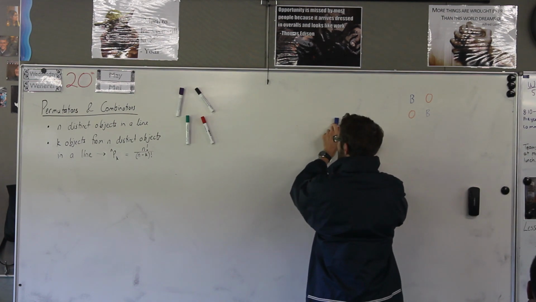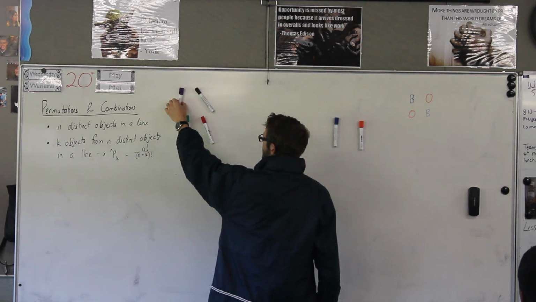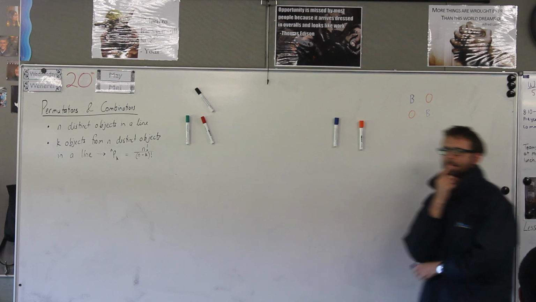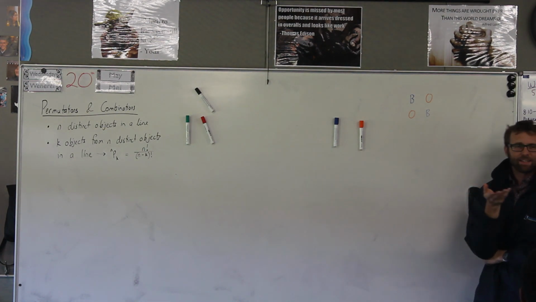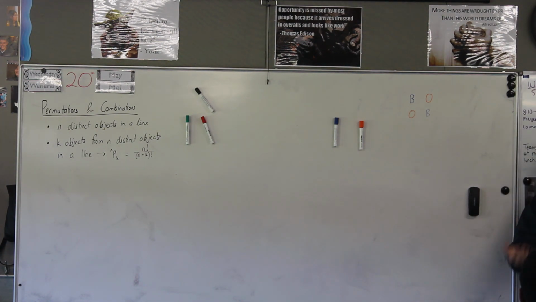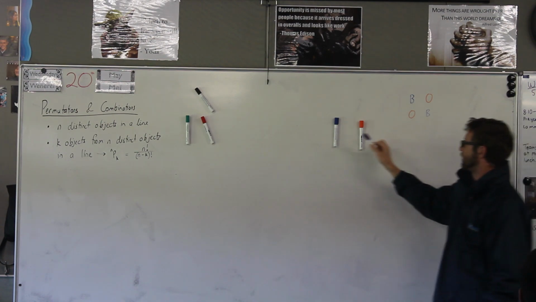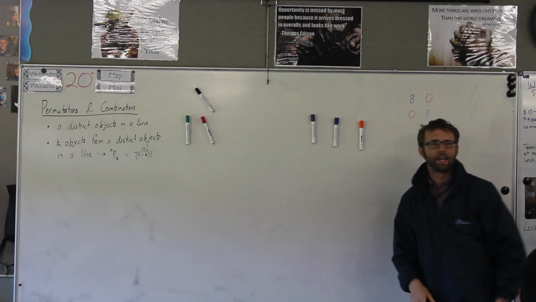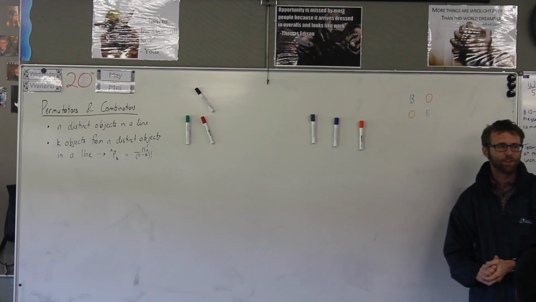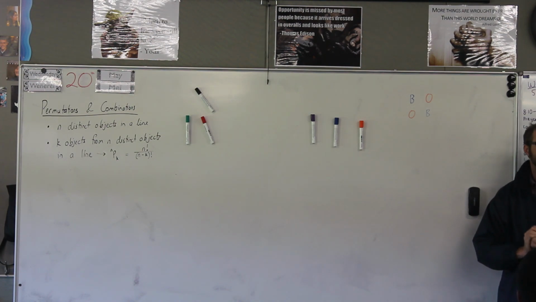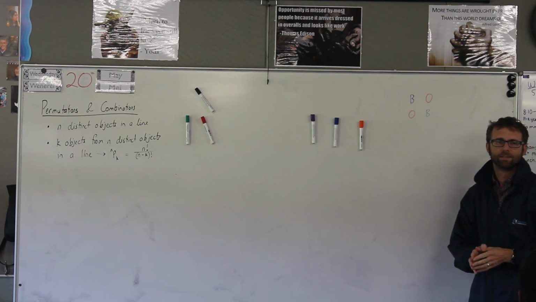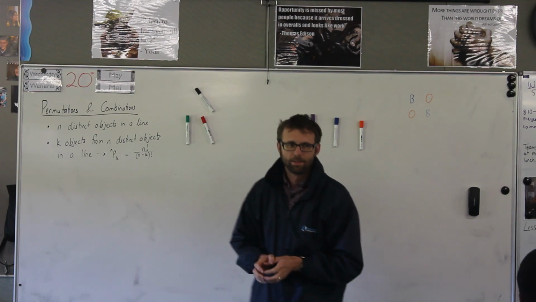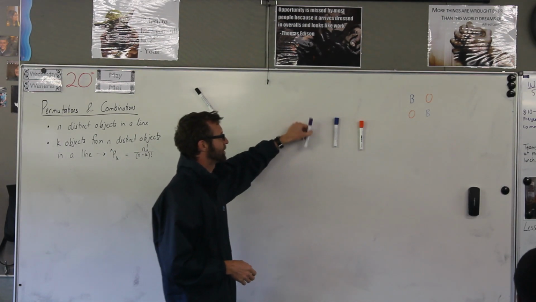Okay, now let's add into the mix purple. How many ways could I have with 3 objects? Okay, yes, 6. Why is it 6? Well, we can have 2 with 2, and then we can do 3 times 2. Yeah, very good. So 3 times 2 is 6.